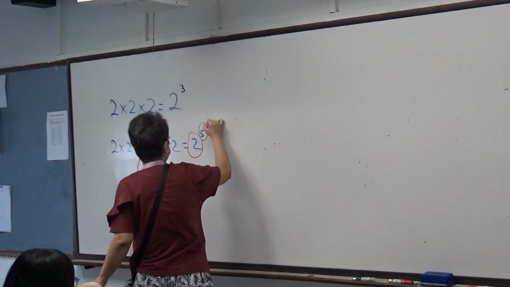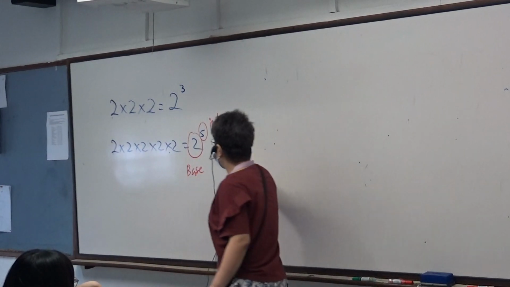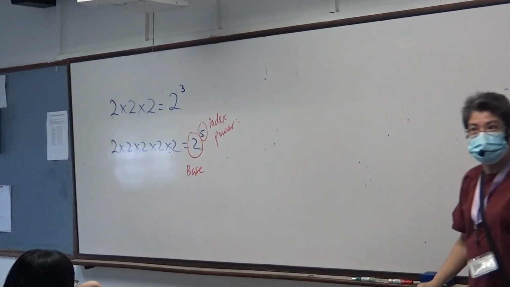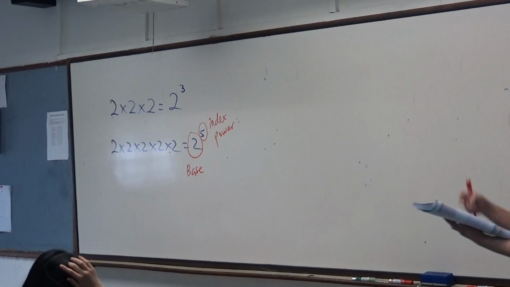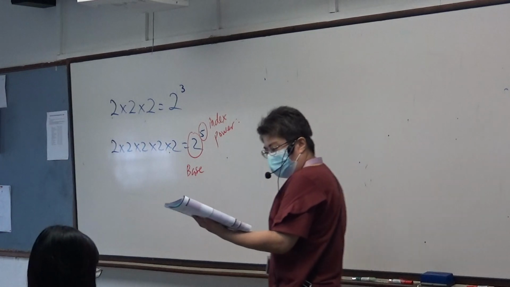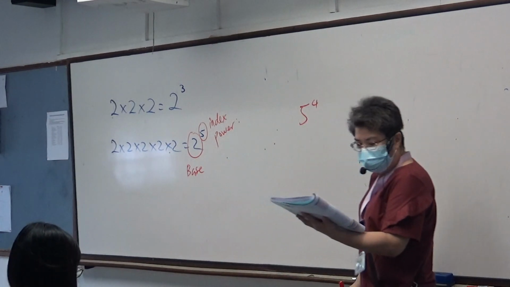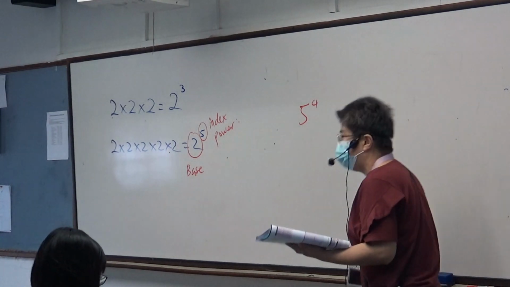This number is called the index, or the power. Is that okay? Alright, now if you look at page 7, index notation, if you have 5 to the power of 4, 5 is the base and 4 is called the index.